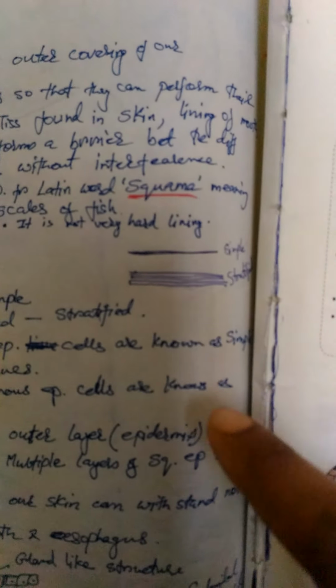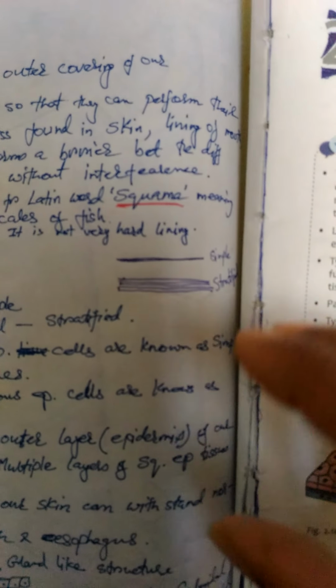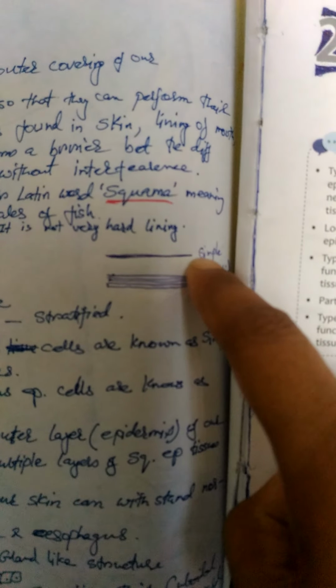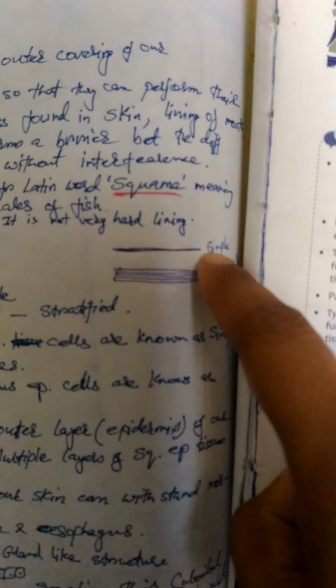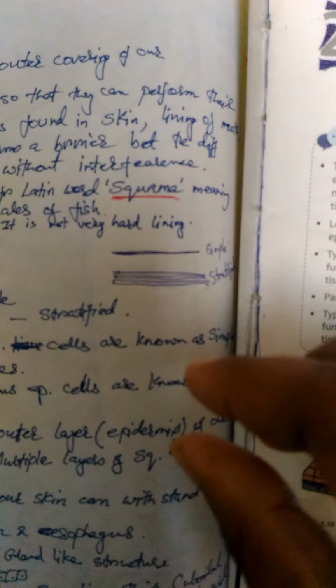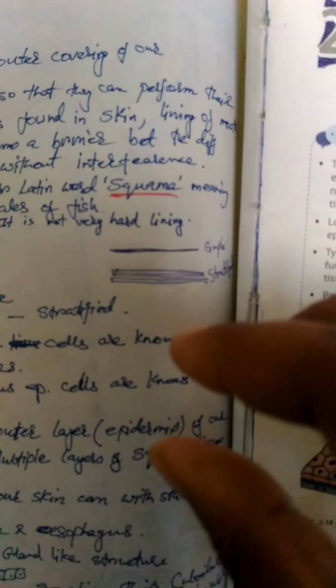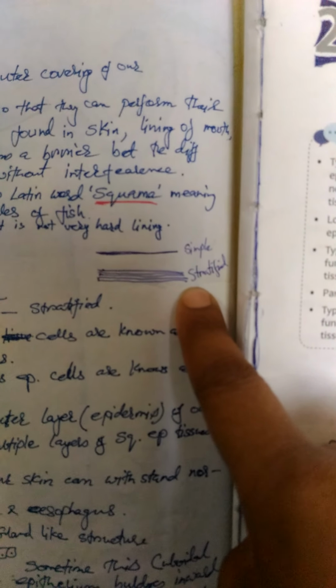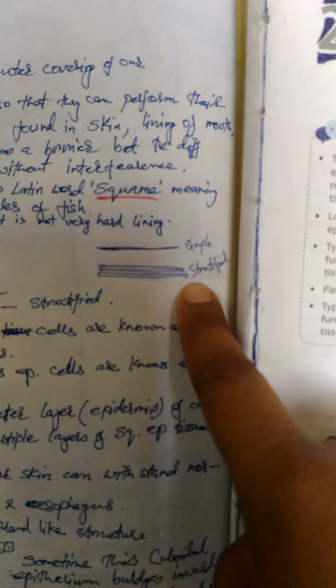Okay, and this single layer is known as simple squamous epithelium, and when a number of layers are piled up together to form a protective structure, that is known as stratified. Here is the name, stratified squamous epithelium.